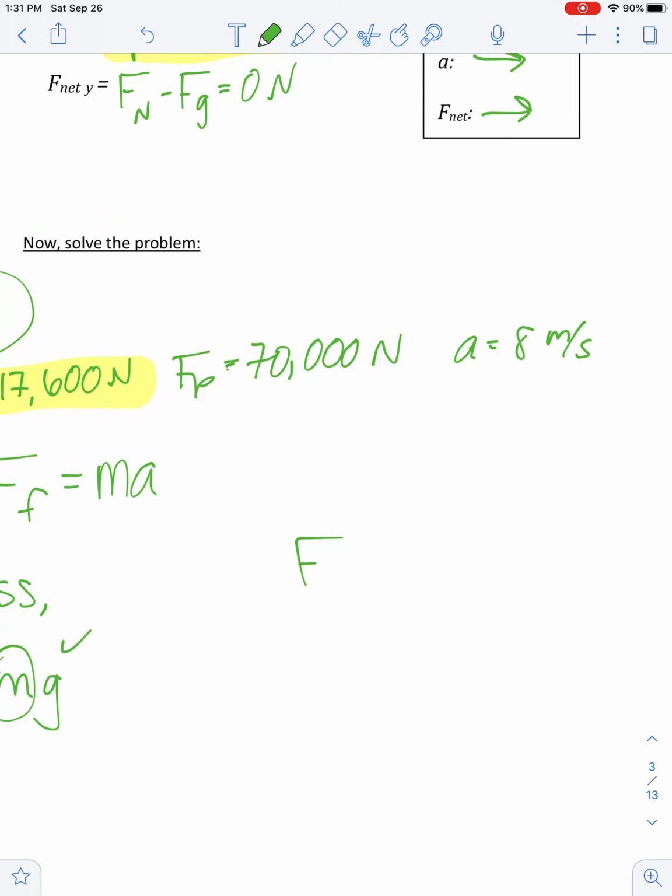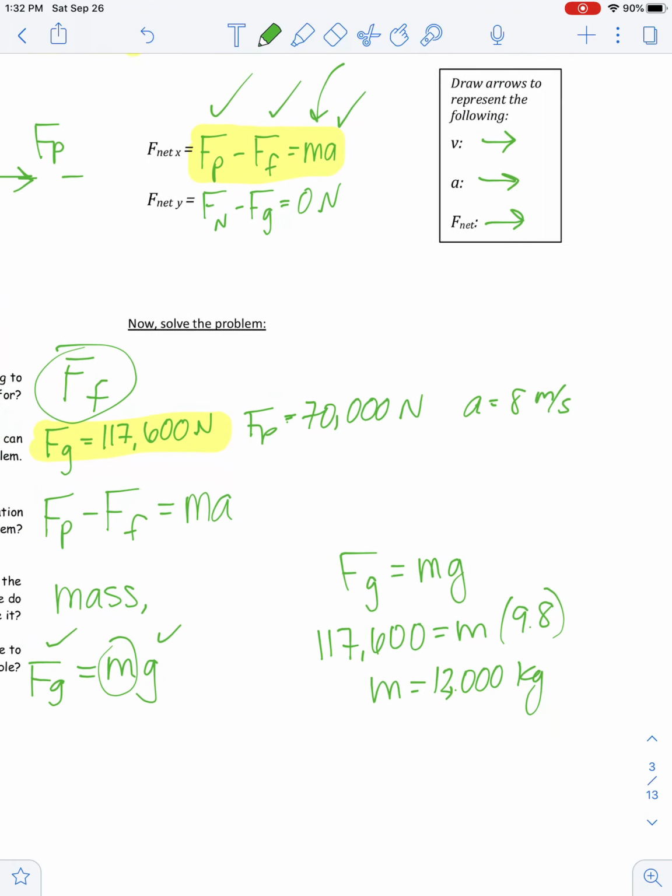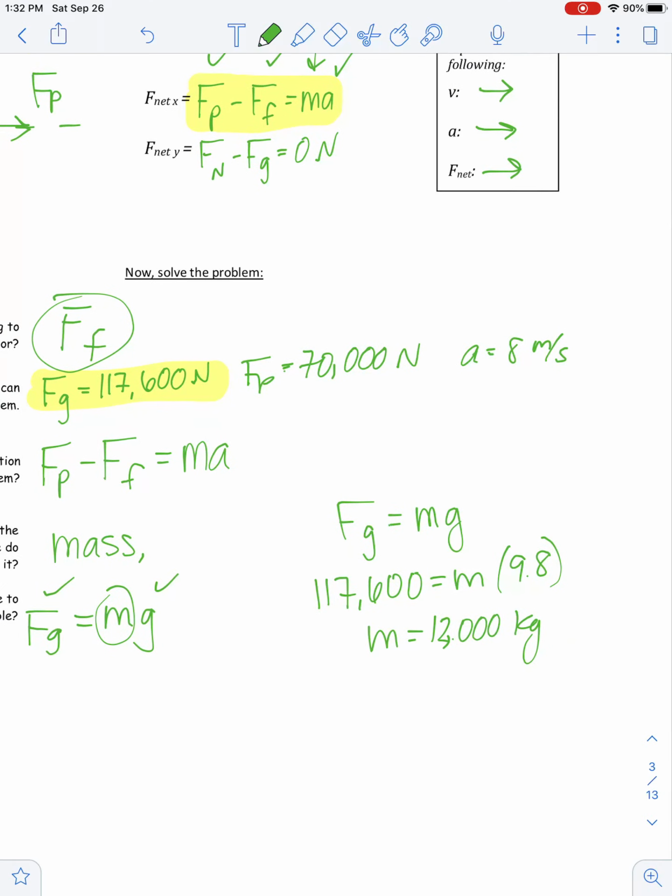So first, my first step is going to be Fg equals mg. So the weight is that 117,600. M is what I'm looking for, and G is 9.8. So on this problem, I'm dividing by 9.8. So I get 12,000 kilograms. It's a big plane. Now I'm going to solve for the force of friction.